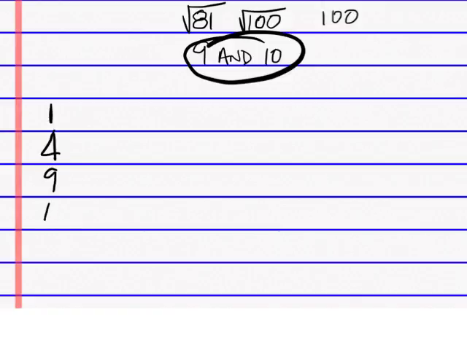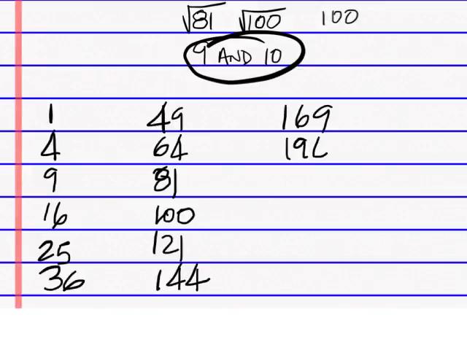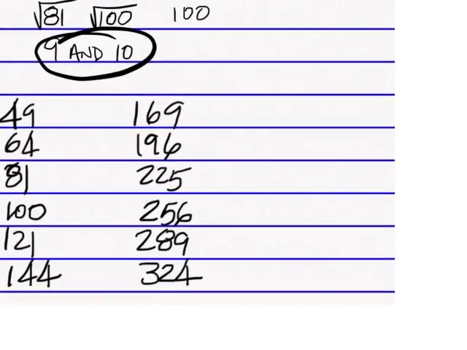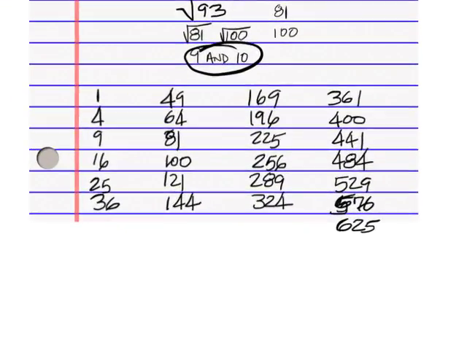They are 1, 4, 9, 16, 25, 36, 49, 64, 81, 100, 121, 144, 169, 196, 225, 256, 289, 324, and they keep on going. 361, 400, 441, 484, 529, 576, and then lastly you'll have 625. Those are all the perfect squares from 1 to 25.